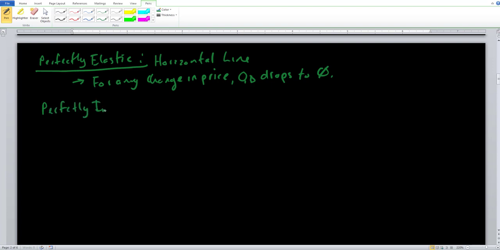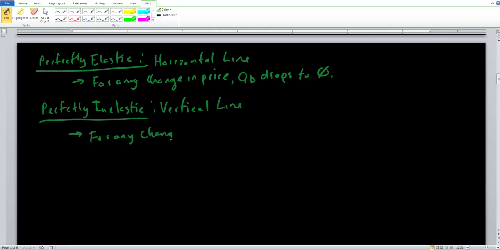Perfectly inelastic, which tells us that we're going to have a vertical line. And the interpretation that we get from this is that for any change in price, we have quantity demanded remaining the same.